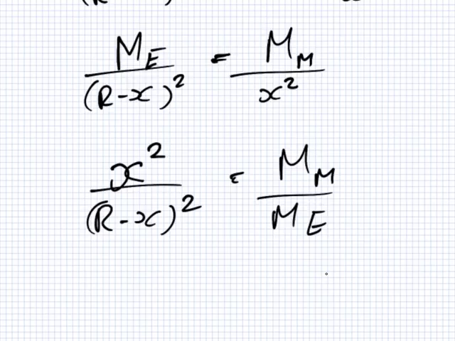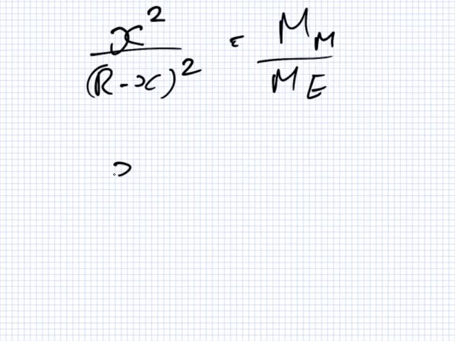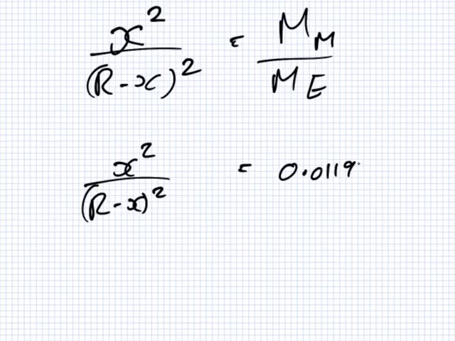So we get x squared over r minus x squared equals 0.011927.